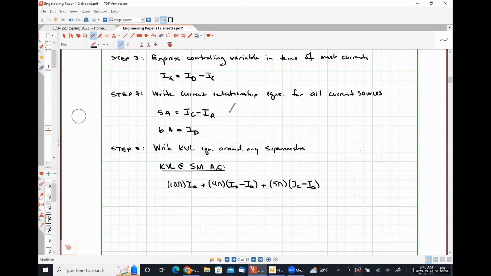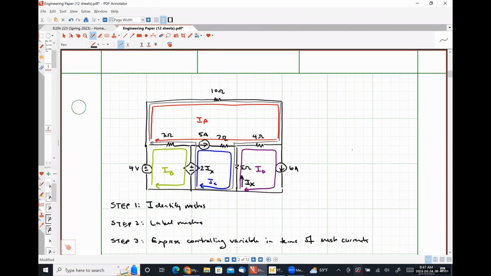Just to be clear here, as soon as we leave where mesh A is, we should no longer see IA in any of our equations, right? Now we're going down through the 5 ohm resistor. The 5 ohm resistor sees a current IC flowing down, a current ID flowing up. So that's why we have 5 ohms times IC minus ID.